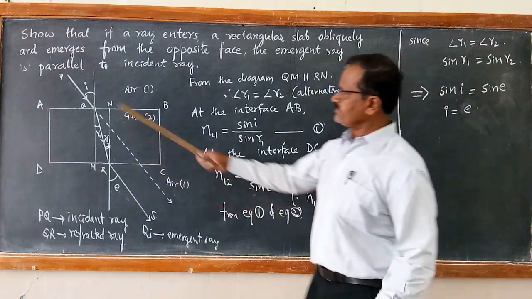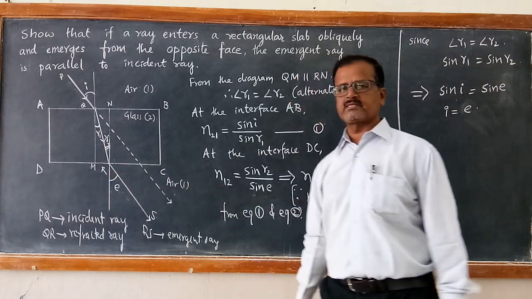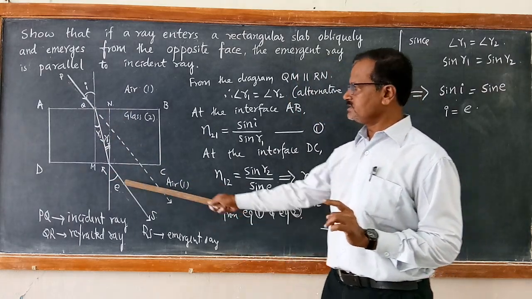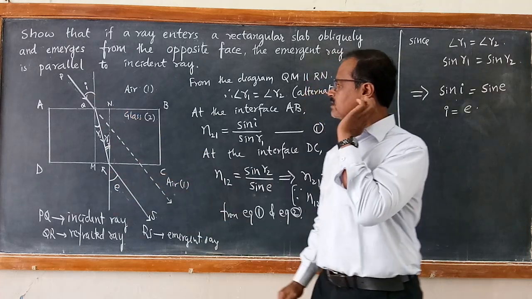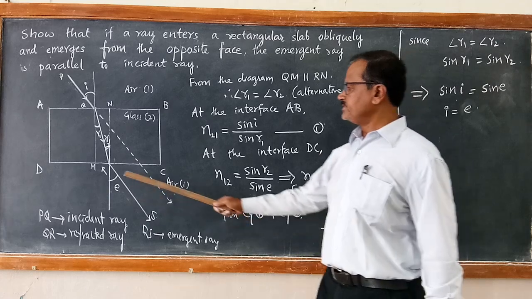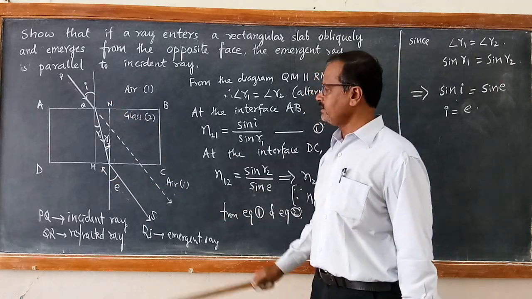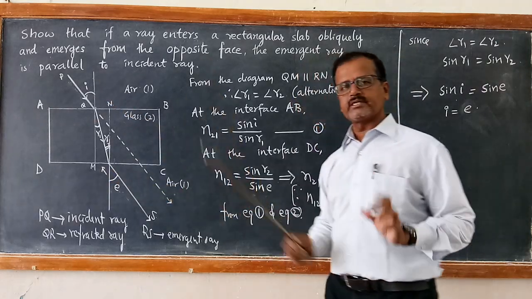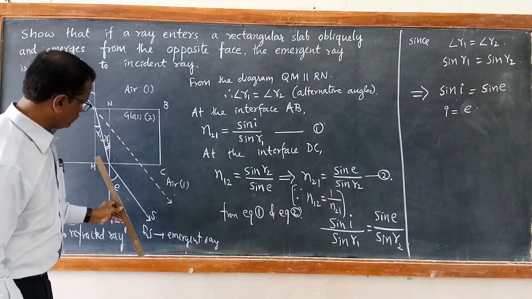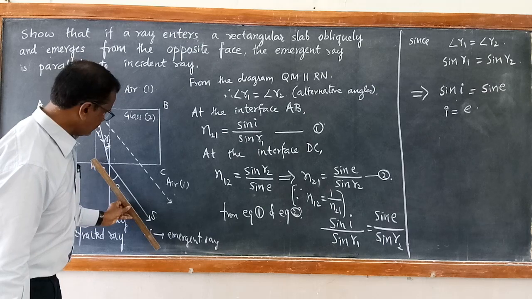If the angle of incidence is equal to the angle of emergence, then by the property of parallel lines, these are corresponding angles. So if these angles are equal, then the rays must be parallel to each other. Thus PQ produced is parallel to RS.